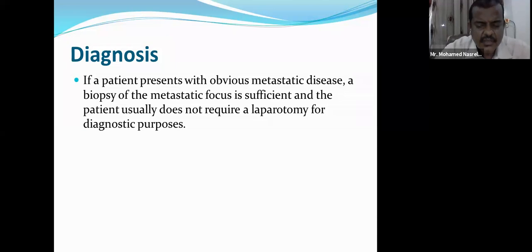It looks like R1. But I think, because of his presentation as an acute abdomen, what we did for him was good, and hopefully he will benefit from having adjuvant imatinib postoperatively.